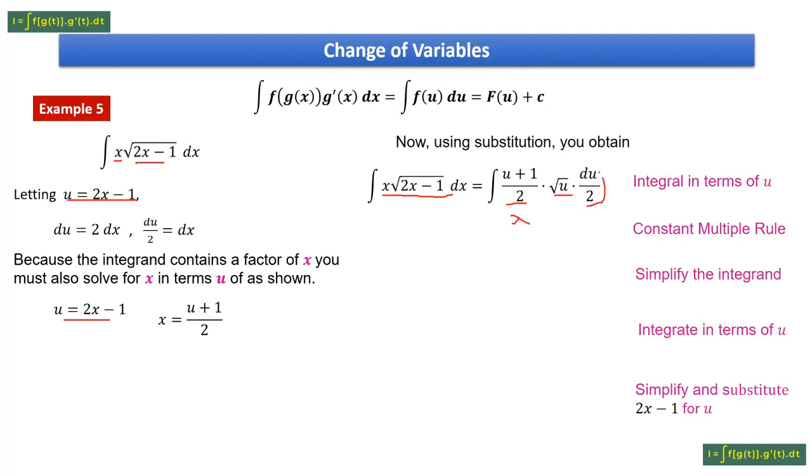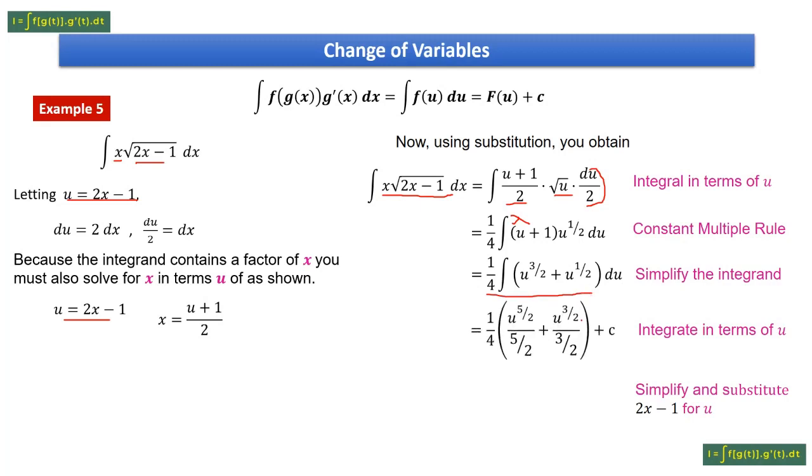So this is the dx. So by the constant multiple rule again, we kick out all the constant variables and we proceed with the integration. So we simplify the integrand. We will distribute this one. We have this expression and integrate in terms of u. We get this answer. And simplifying and substituting back 2x minus 1 for u, we have this as our final answer.